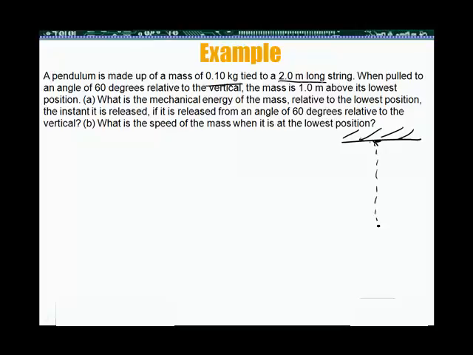If this is the equilibrium position, they tell us when pulled at an angle of 60 degrees relative to equilibrium, the mass is then 1 meter above its lowest position. They tell us this is 1 meter.